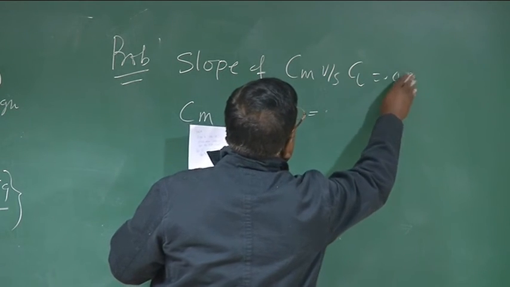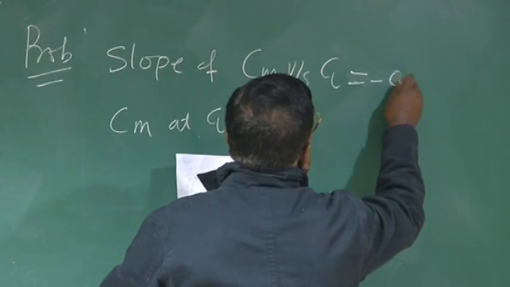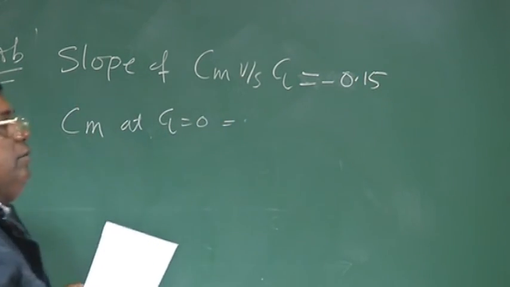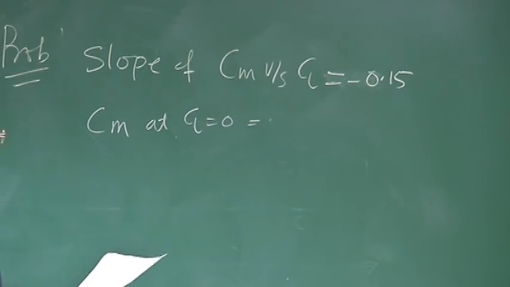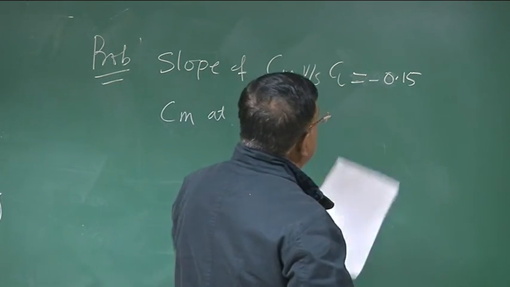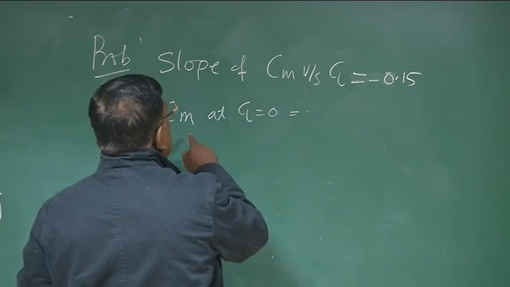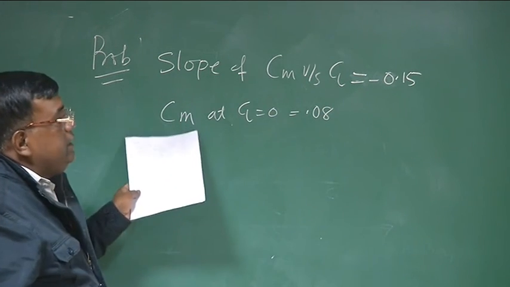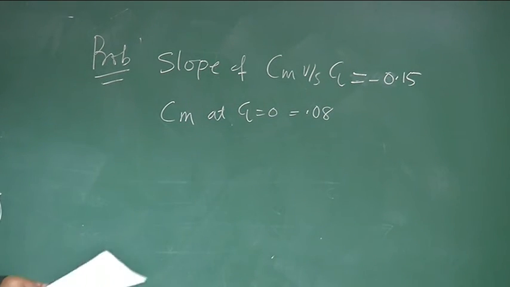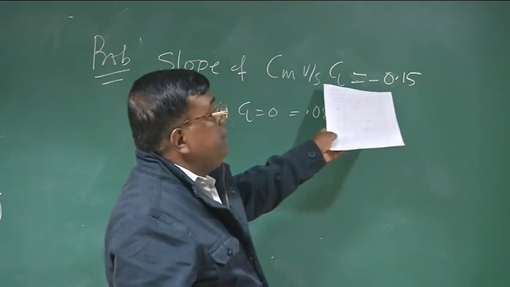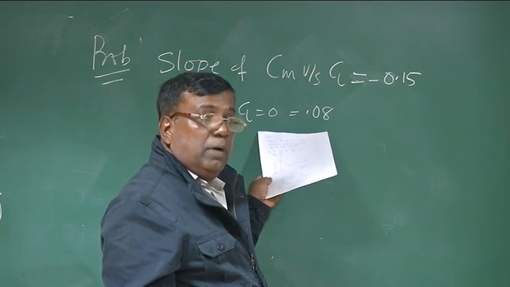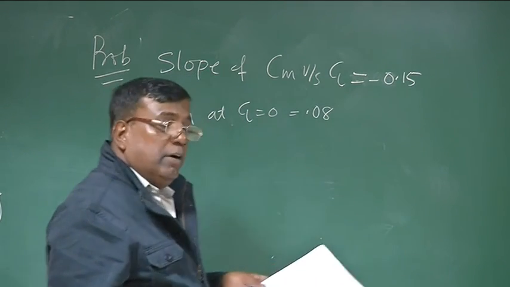Slope of CM versus CL is minus 0.15, because initially I wrote 0.08. If it is positive, it is statically unstable, right? So minus sign, yes, it's statically stable. And CM at CL equal to 0 is 0.08. So you could see that CM naught is greater than 0 and dCm by dCl is less than 0. So statically stable, and since CM naught is positive, it can be trimmed at a positive angle of attack.